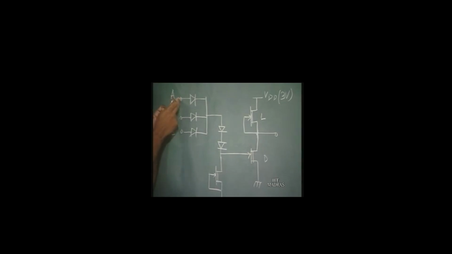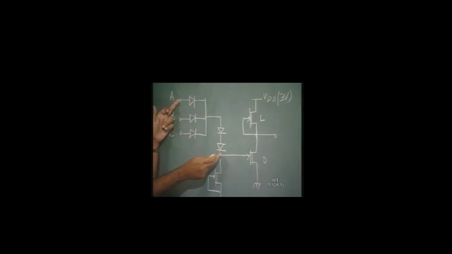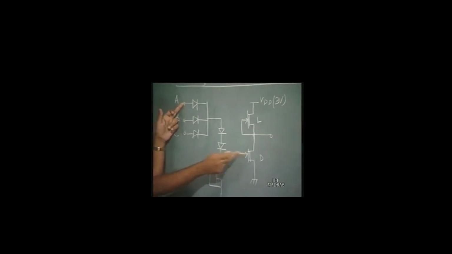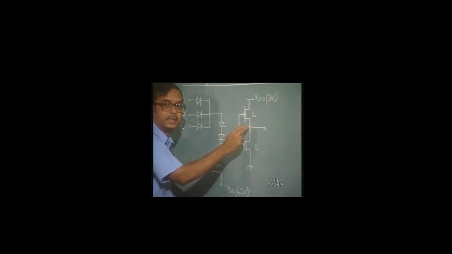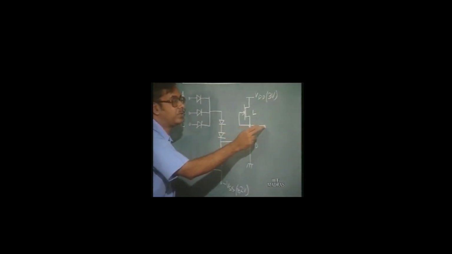If this input is high, say 3 volts, then with 3 diode drops it would be 0.9 volts, but this cannot exceed 0.7 volts. So, basically 0.7, 1.4, 2.1, 2.8. So, this output voltage in this case is limited to 2.8 volts.